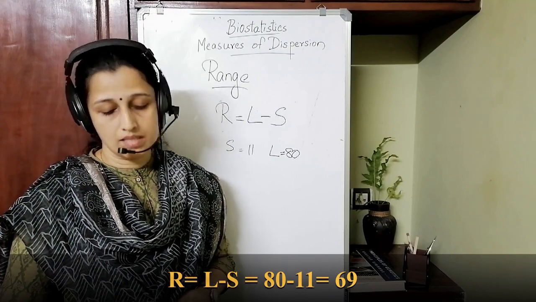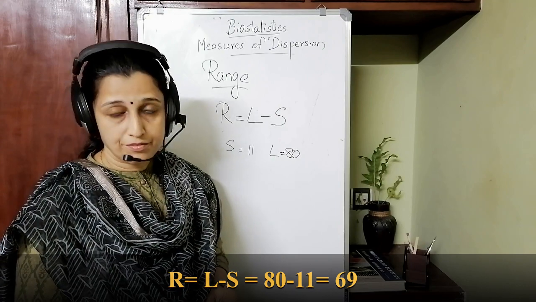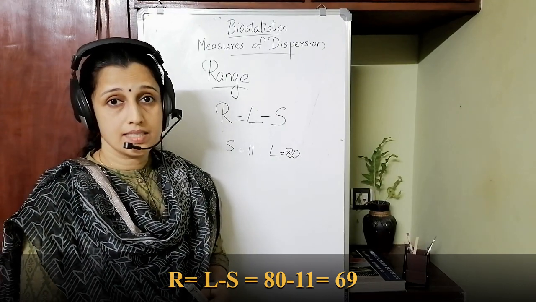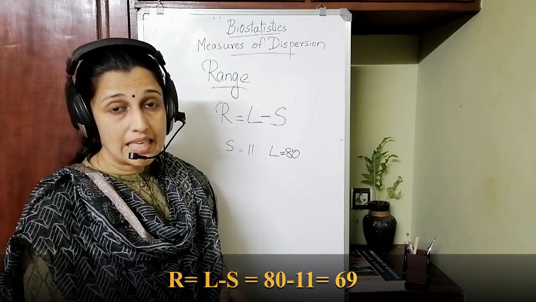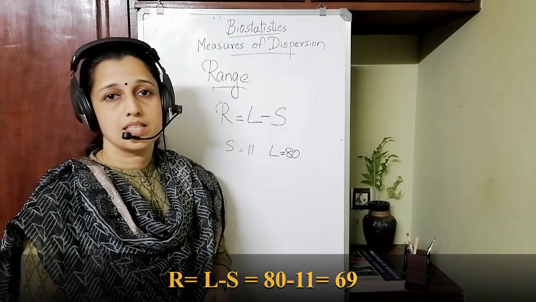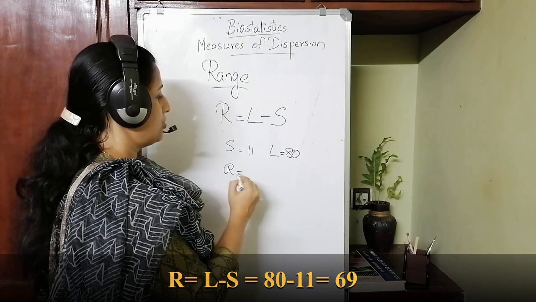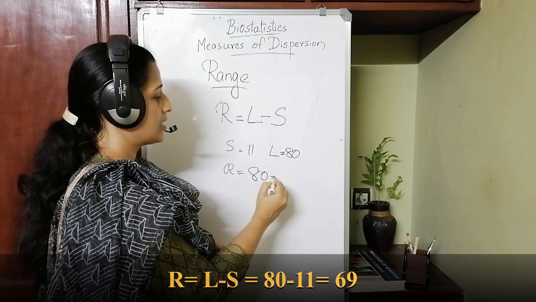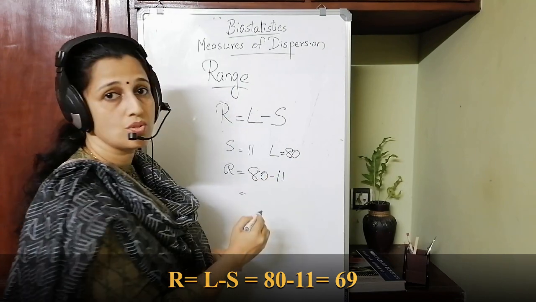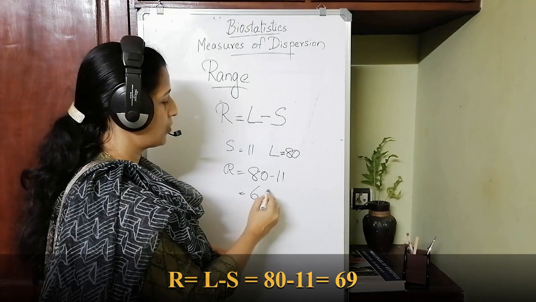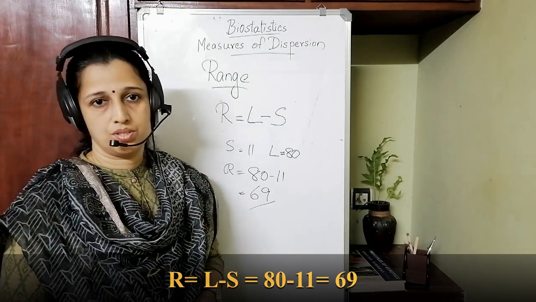So in this question, L is equal to 80 and S is equal to 11. So range is equal to 80 minus 11, that comes to 69, and that is how we calculate range.